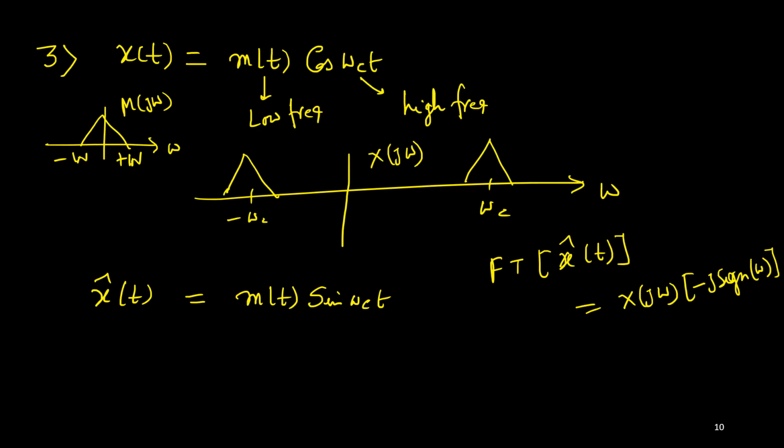So you see this sign function is positive 1. So total this one I want to understand. So minus j on this side, and on this side the function is plus j. It is minus j sign of omega. So this entire spectrum on the right side is multiplied by minus j, and this entire spectrum on the left is multiplied with plus j. That's simple.